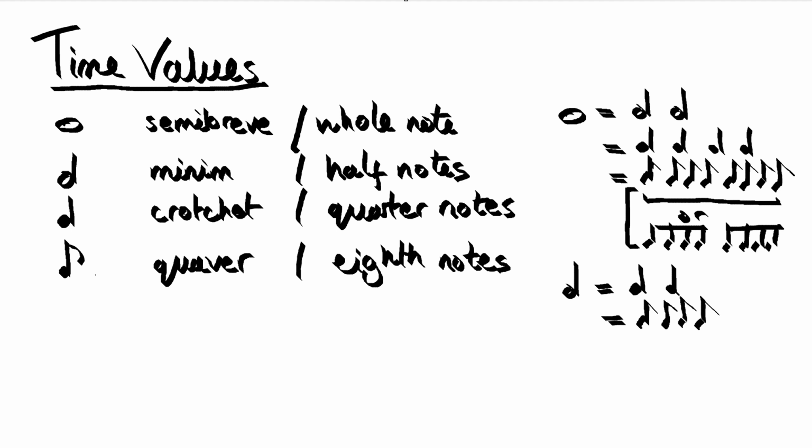They have the same duration overall in total. And these are the time values that you need to know for the first level of music theory. So take a note of them now, what they are called, how they fit together, and then we'll have a look at our first exercises.